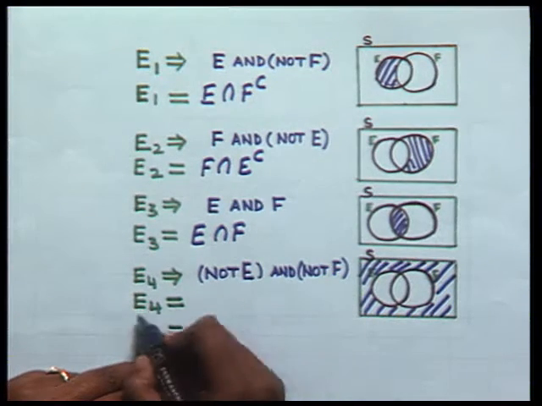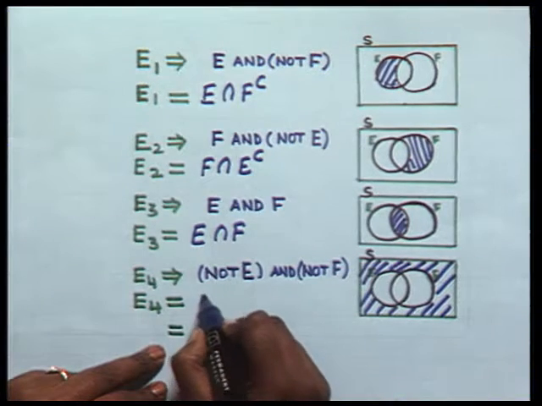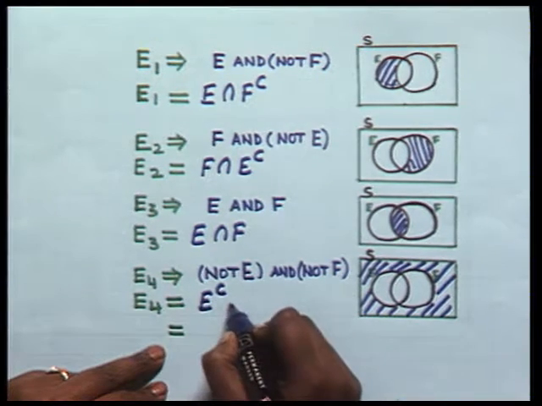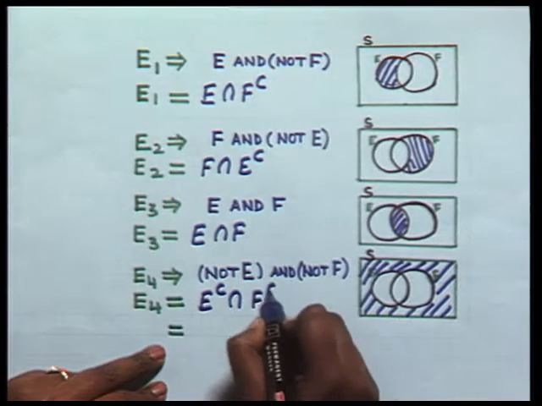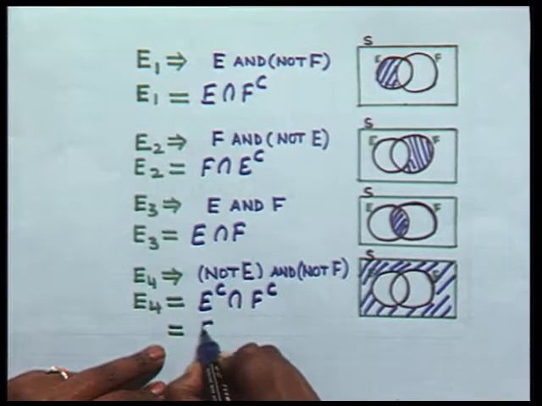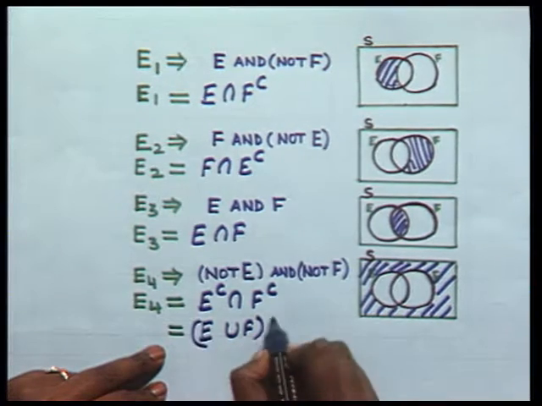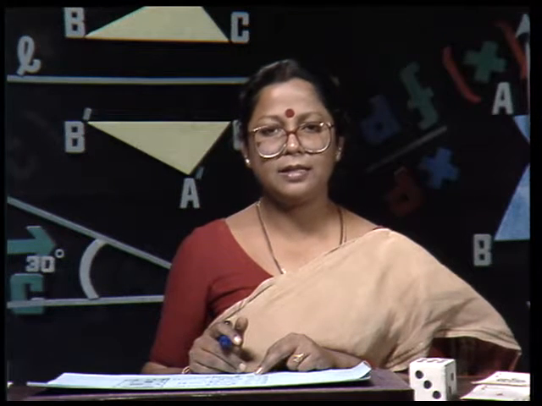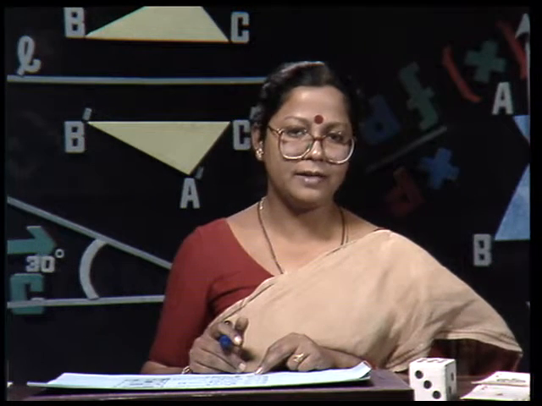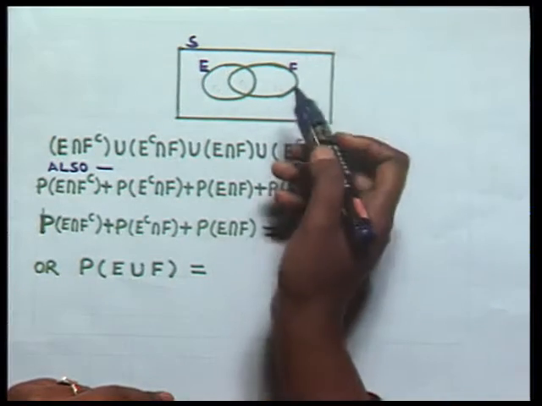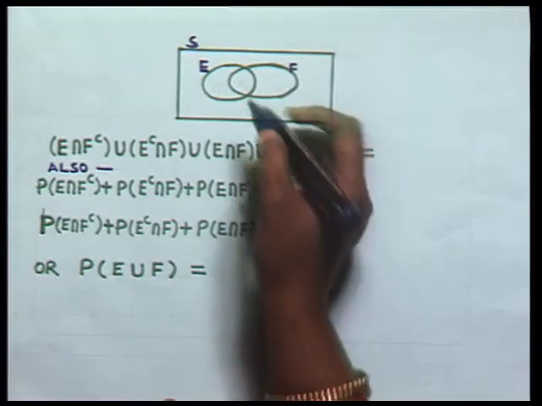That means E4 represents the set E complement intersection F complement, which is equal to (E union F) complement, where the set E union F represents at least one of the two events must occur. Also observe that the events E1, E2, E3 and E4 are mutually exclusive.